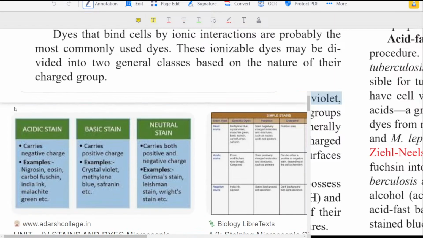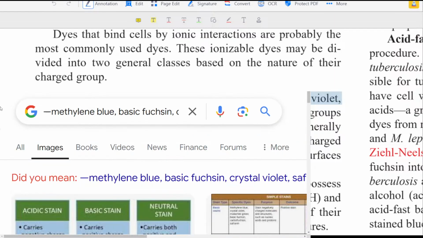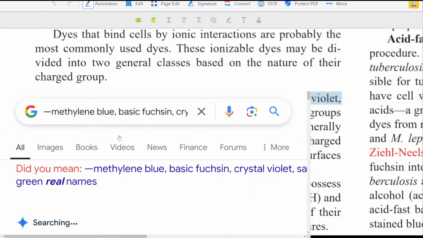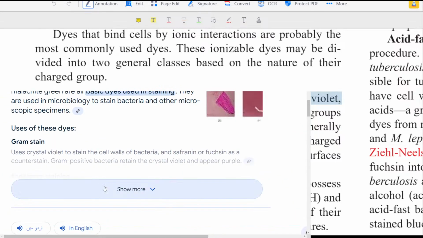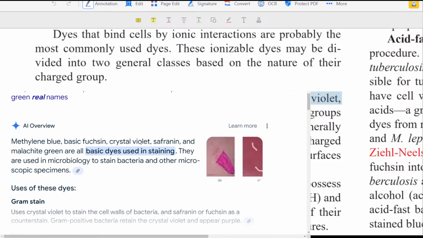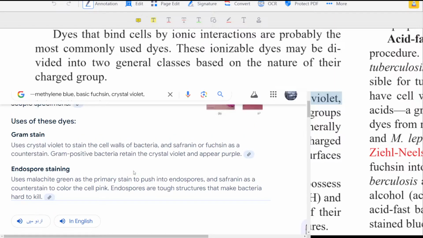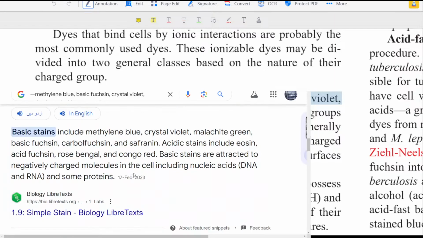Alright, so these are the real names. Guys, tell me the real names. I just want to know if the names that we mentioned match with this or not.